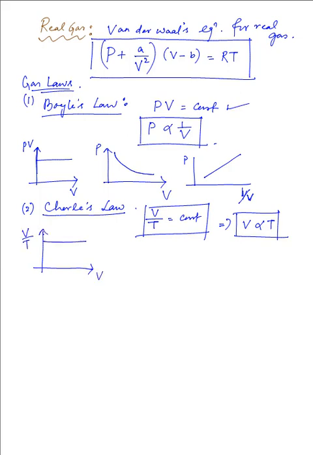As per the formula, we have the variation to be like this: temperature and volume going in a straight line, and the reciprocal of temperature with the volume going inversely.